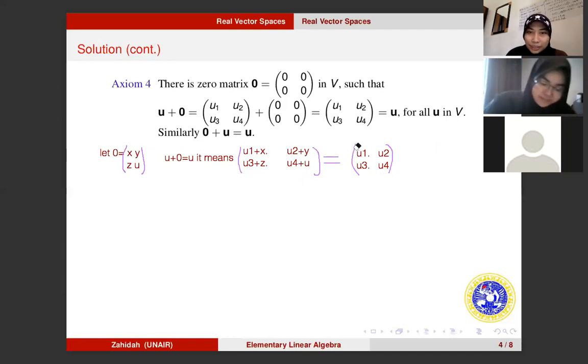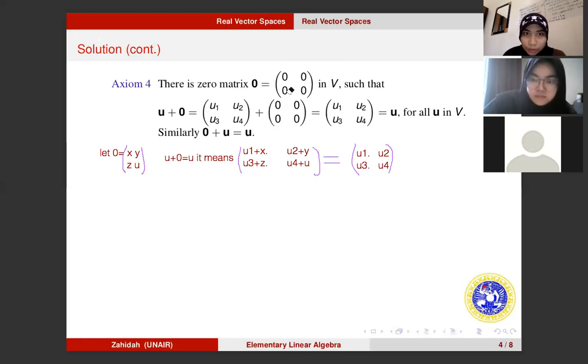So we have this equality, we get u1 plus x equals u1. So we get x equals 0. And u2 plus y equals u2. It means y equals 0. And u3 plus z equals u3. It means we get z equals 0. And for u4 plus u equals u4, we get u equals 0.